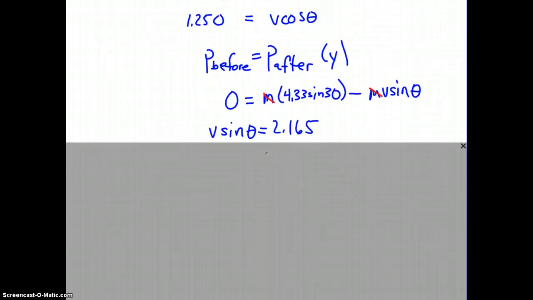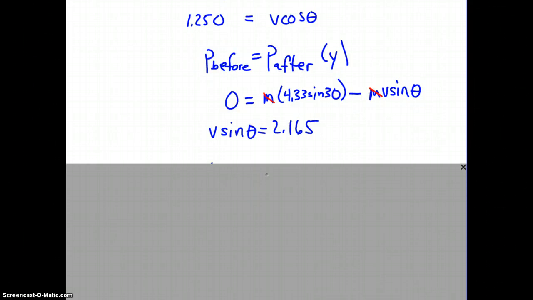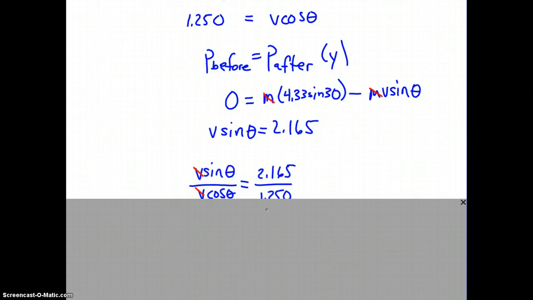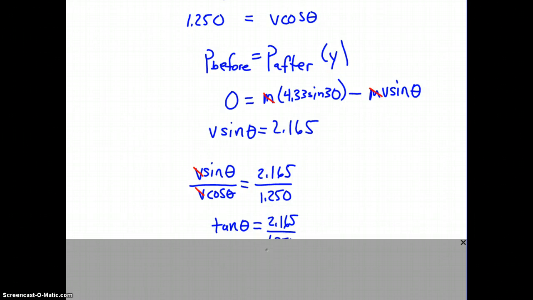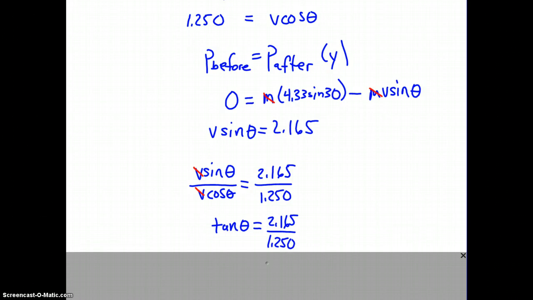If we took the sine term and divided by the cosine term, we could eliminate v as the variable, and we know that sine theta divided by cosine theta is tan theta. So this would allow us to solve for the angle and then come back and use either equation to solve for the velocity.